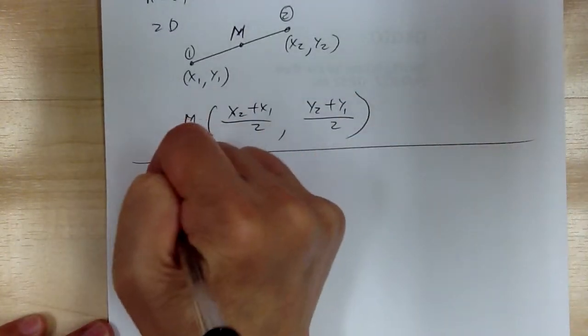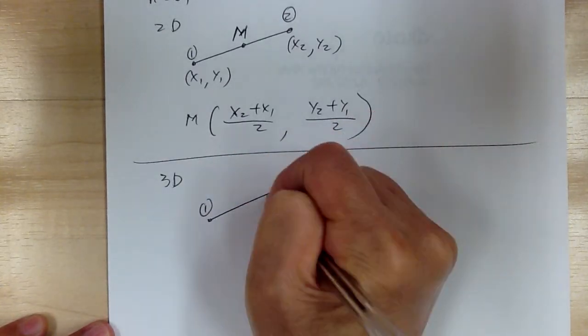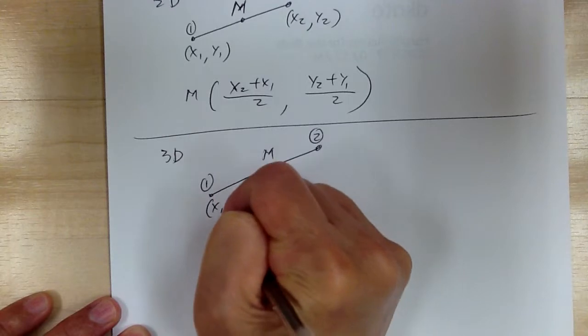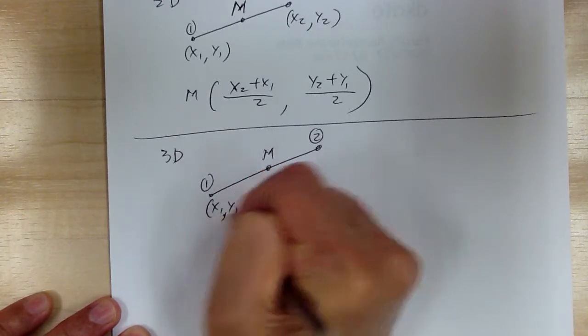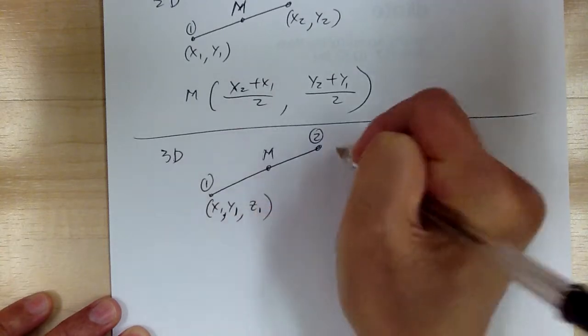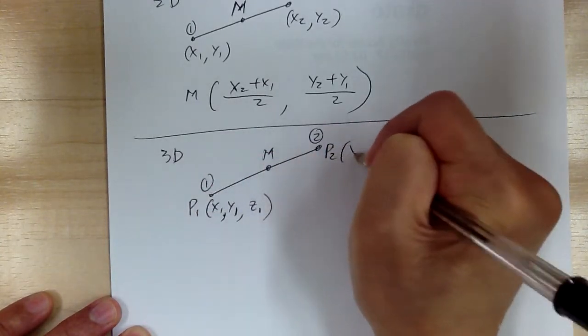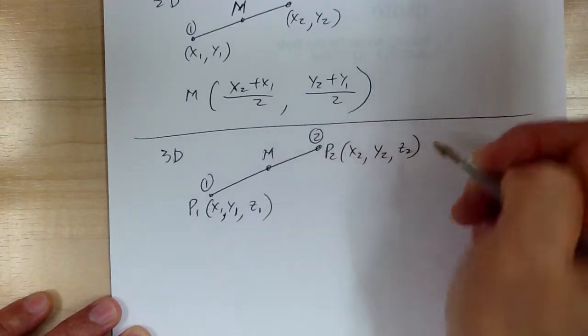Now, when you are in three dimensions, you do exactly the same thing, right? You've got point 1, point 2, and here's your midpoint. This is point 1 with x1, y1, z1. Over here, point 2, you've got x2, y2, z2, right?